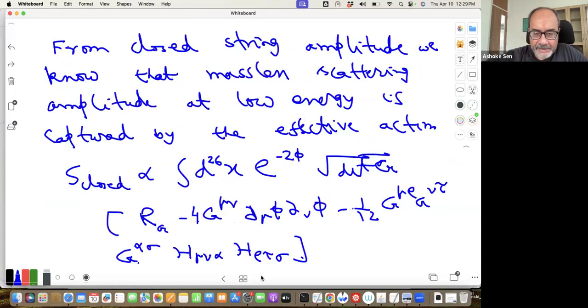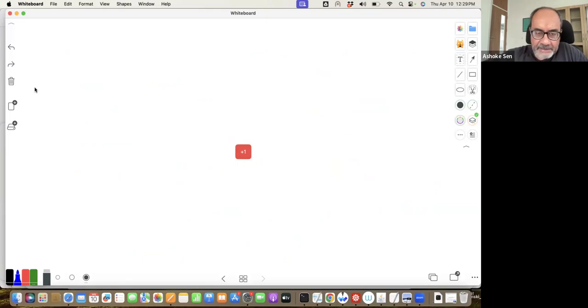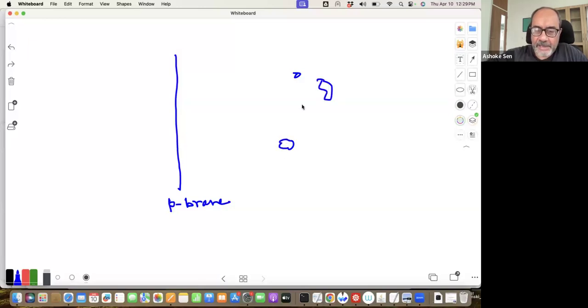Let me try to describe it pictorially, what is happening here. Let's imagine that there is a brane here, which is, suppose, a p-brane. We have closed strings here. You can, of course, have scattering far away from the brane, which knows nothing about the brane. Those scatterings will also have to be captured by something. That's captured by the bulk action.